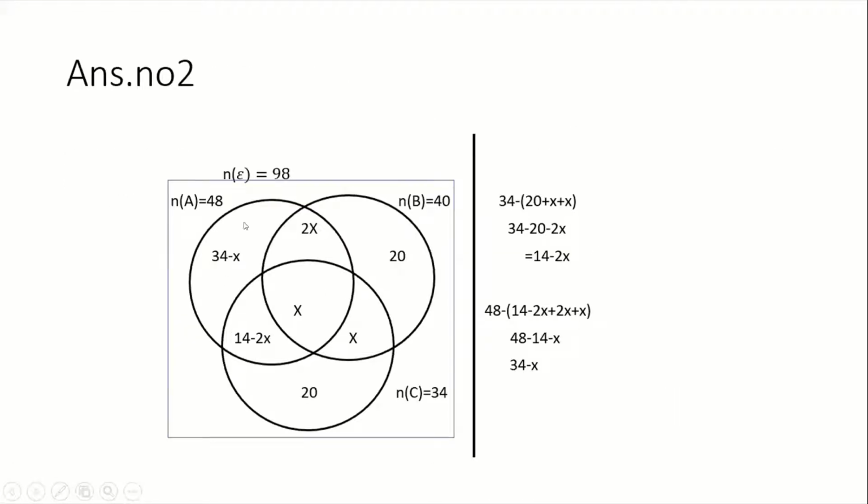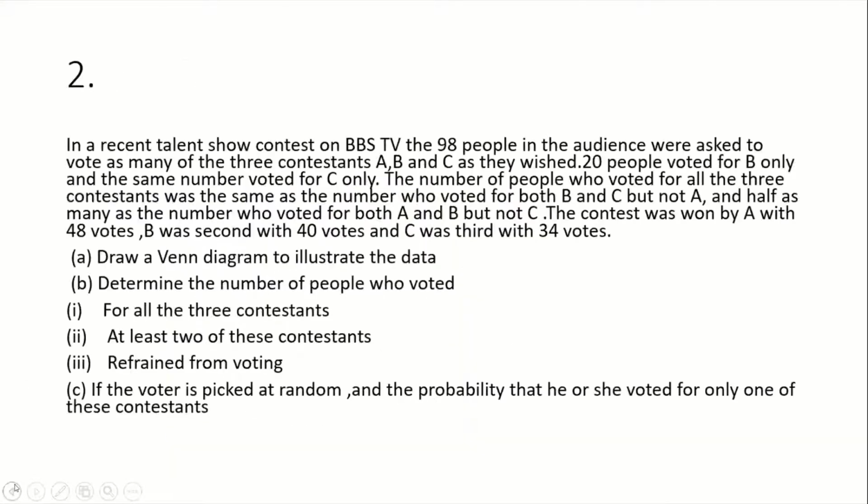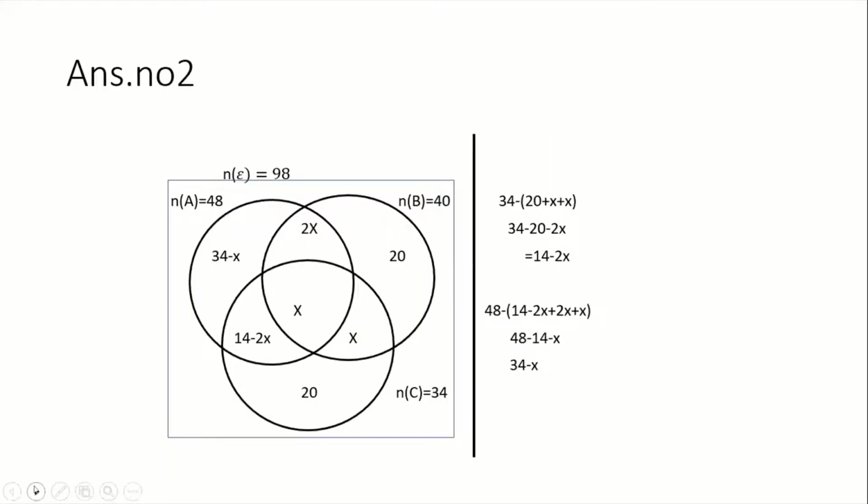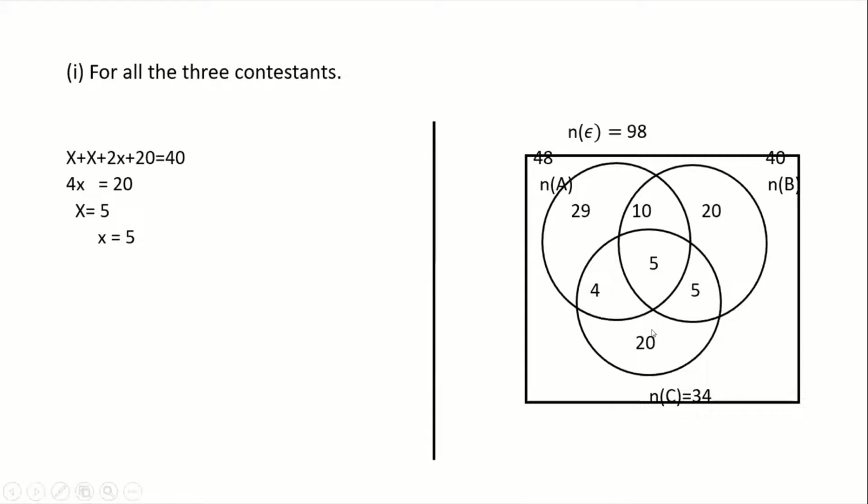Yes, still in our expression, we have 20s already given. We are given the 20, we just place it there, then also this 20. Now we are going to go ahead and find this 4 here. So if I'm to find that 4, I will come back still and say 34 minus 20 plus 5 plus 5.